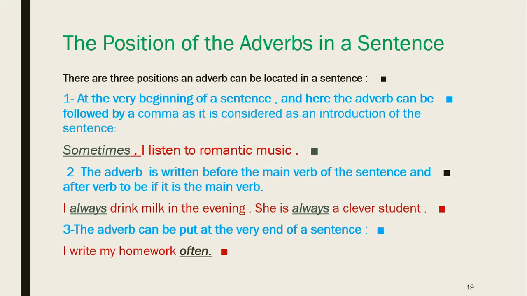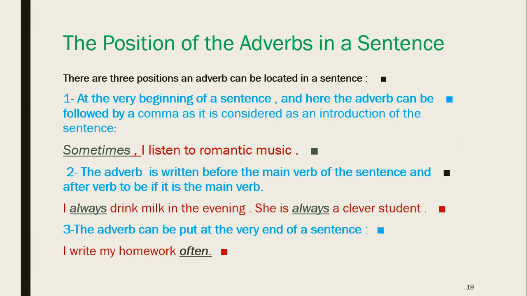Like, for example, she always studies English in the afternoon. I usually play computer games. I never go out on Fridays, for example. She is always a clever girl. He is usually at home by the evening, and so on. So before the main verb and after verb to be.